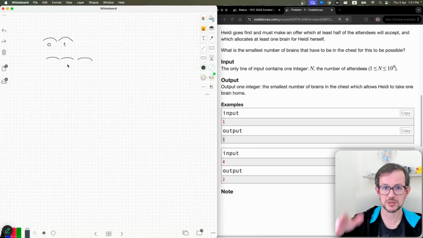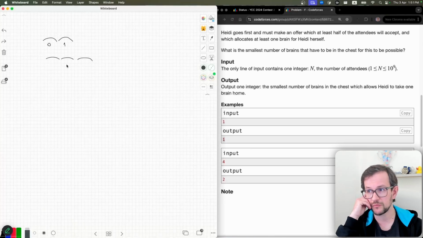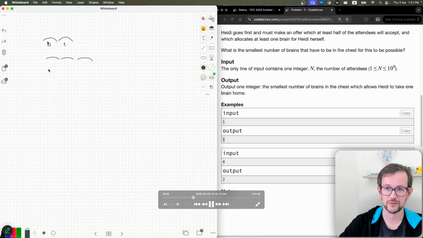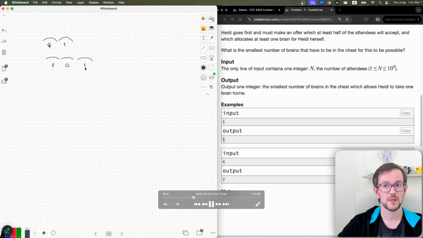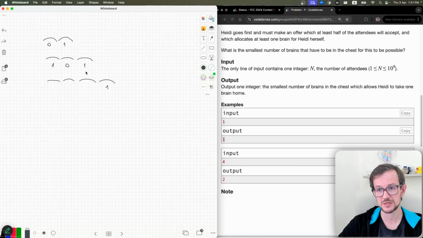So what I'm doing here, I'm just playing with this concept and thinking what's actually going on. When I have 2 persons, the second person can get 1 brain for himself and 0 for the next one. If I have 3 persons, I can arrange it like this. If I have 4 persons, I can arrange it like this, and so on.